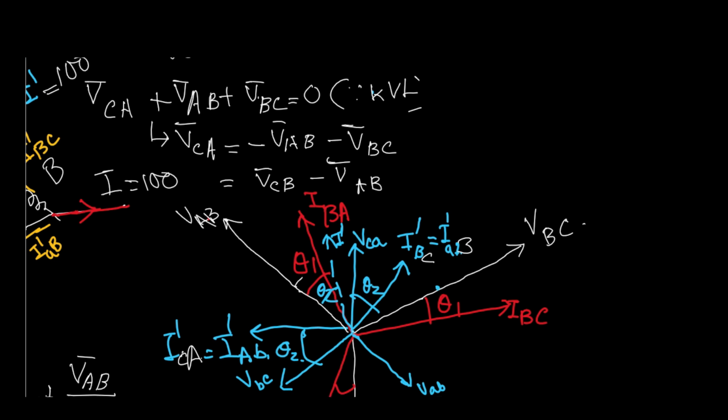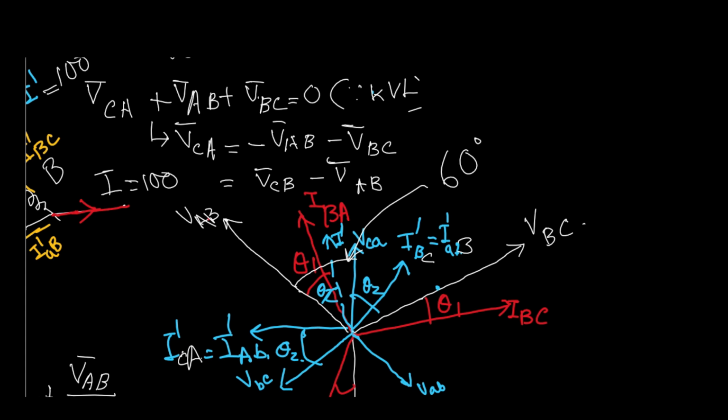This angle is 60 degrees, right? So what is the angle between your I dash CA and IBA?